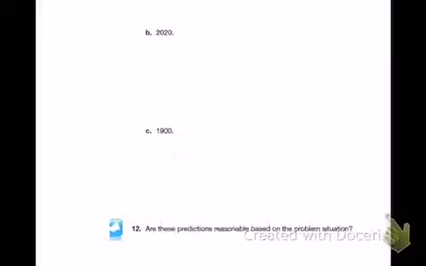Now it's your turn, so you're going to be going ahead and doing it for 2020, again outside the data, extrapolation, and the year 1900, which is way outside the data, way before. So go ahead and figure out what numbers you would be plugging in, and go ahead and pause this and come back to do number 12.